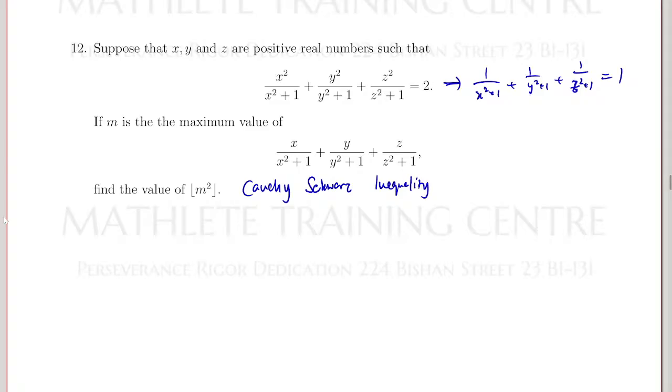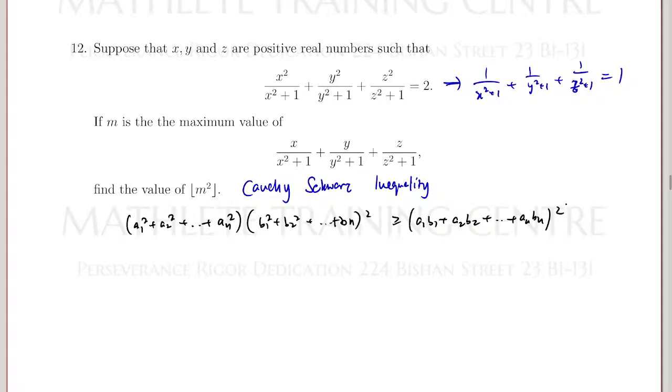So just to recall what this inequality is, it says that (a1 squared plus a2 squared plus all the way to an squared) times (b1 squared, b2 squared, all down to bn squared) is at least (a1 b1 plus a2 b2 plus all down to an bn) squared. And the way to remember this Cauchy-Schwarz inequality is in fact very easy.